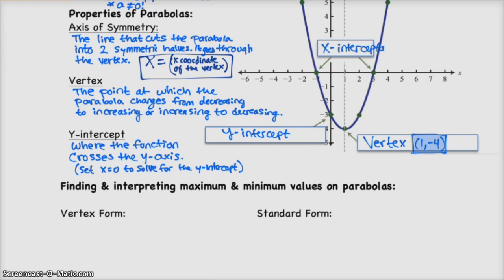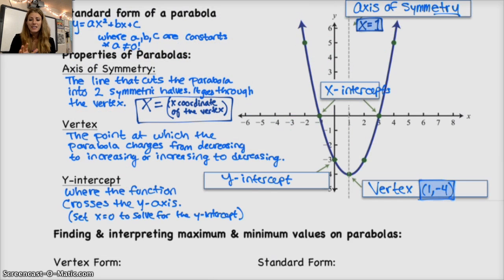Anyways, the next important thing is how to actually get the axis of symmetry and the vertex if the function is in standard form.